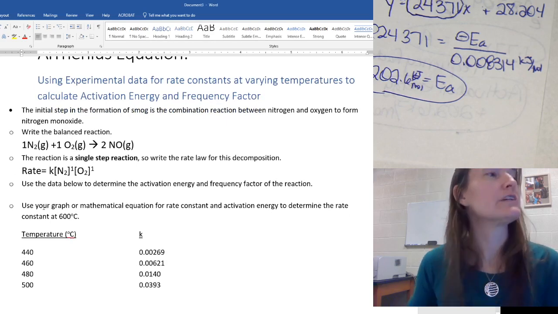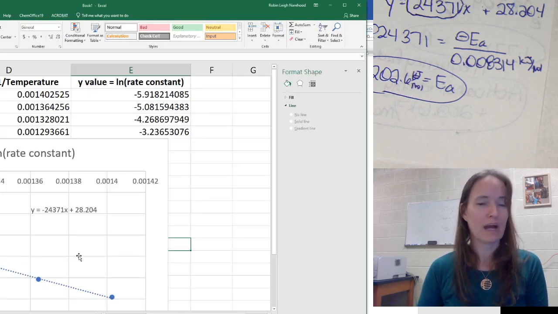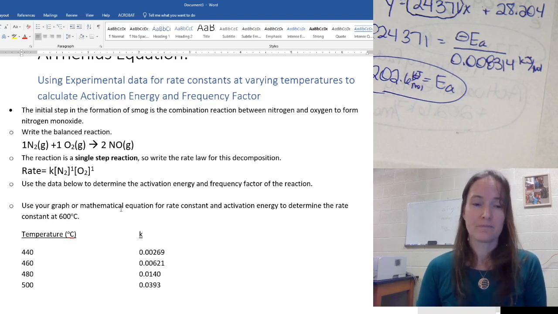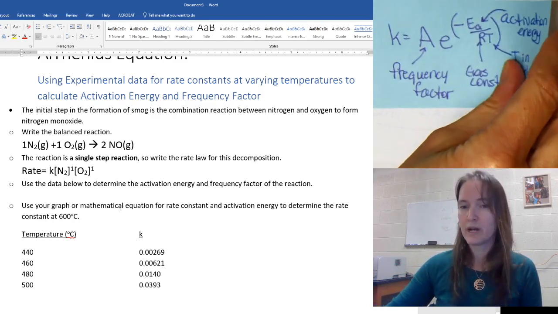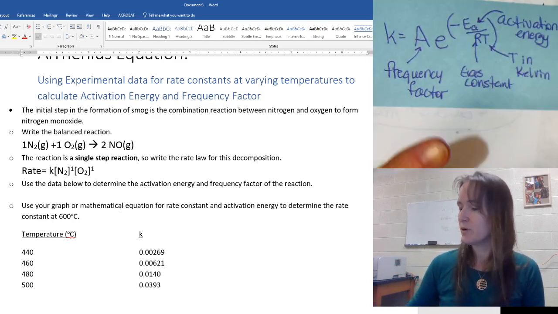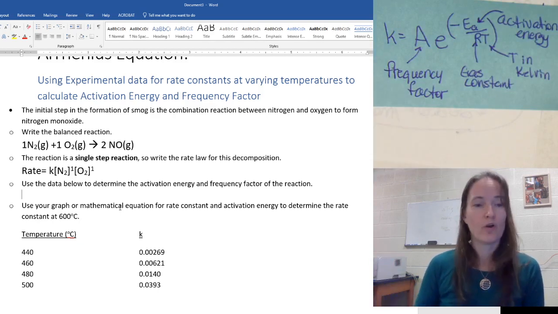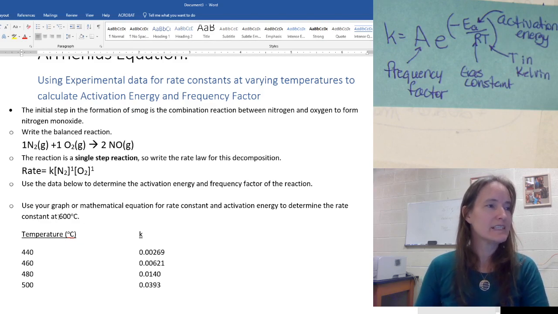And so the last question of this problem is we want to use our graph or mathematical equation. So graph would mean you would look at this graph and you would extrapolate where 600 degrees Celsius is. Or we can just use the Arrhenius equation, which is this equation. This equation is not really for graphing. This equation is just for one data point. And so we want to figure out what the rate constant is at 600 degrees.